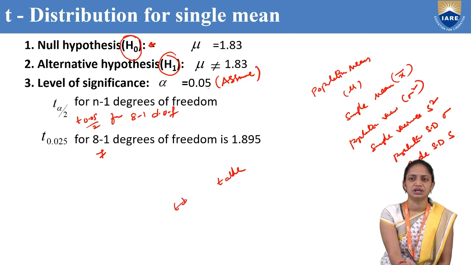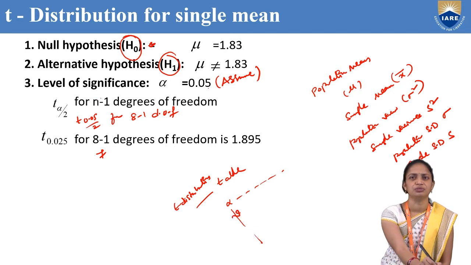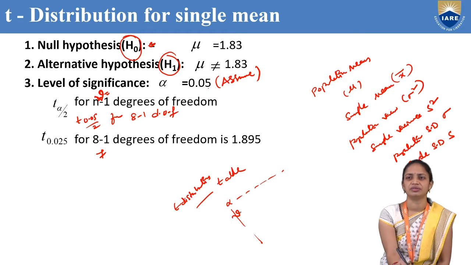In the table, these are all alpha values and these are nu values, that is nu equal to n minus 1 degrees of freedom. Here we have 0, 1, 2, 3 and so on. Here we have 7 and somewhere here we have 0.025.